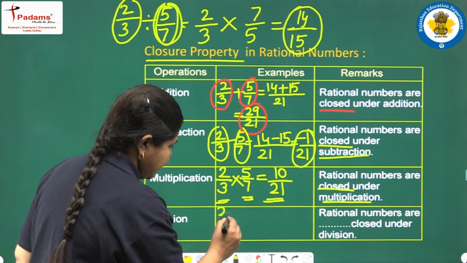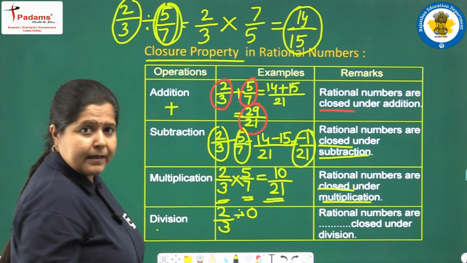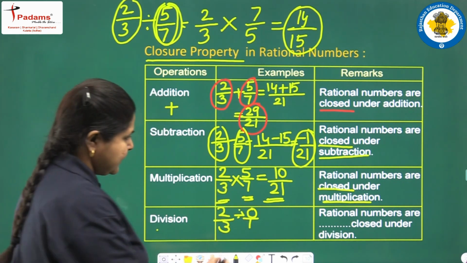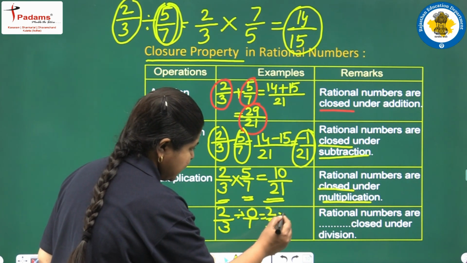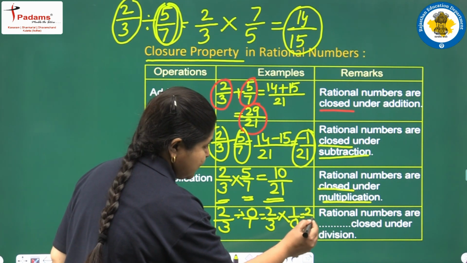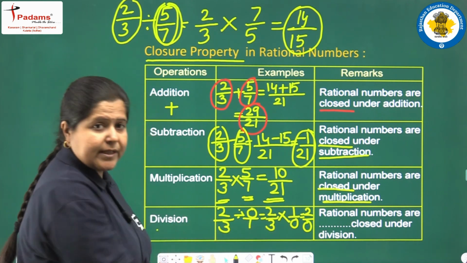Let us divide 2 by 3 by 0. How will we divide? It can be written as 0 upon 1. Let us take the reciprocal, 2 by 3 into 1 by 0. What do I get? 2 by 0. 2 ones are 2, 3 zeros are 0.